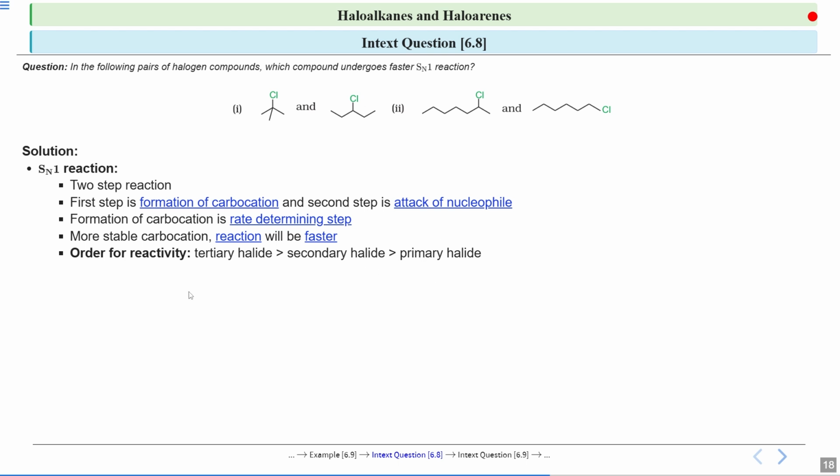This we have derived from the stability of carbocation, because the tertiary carbocation will be more stable than the secondary carbocation, and the primary carbocation will be least stable. So tertiary halide reactivity will be fastest, and least reactivity will be shown by a primary halide, which will give you a primary carbocation which is least stable.